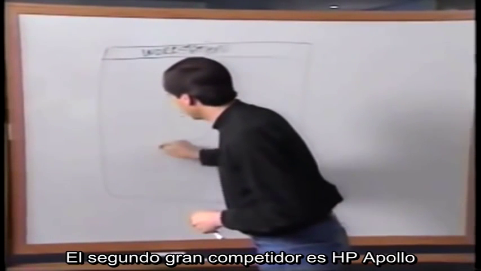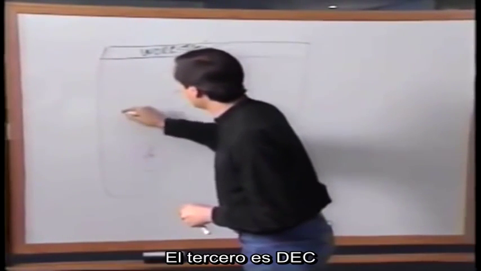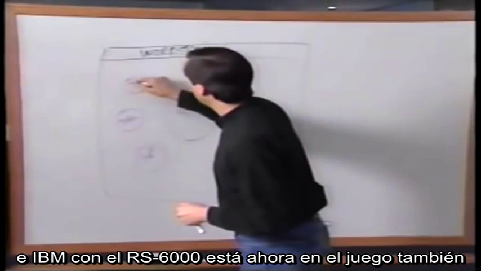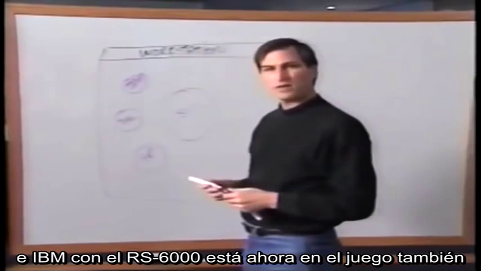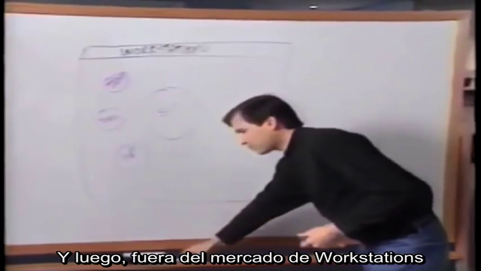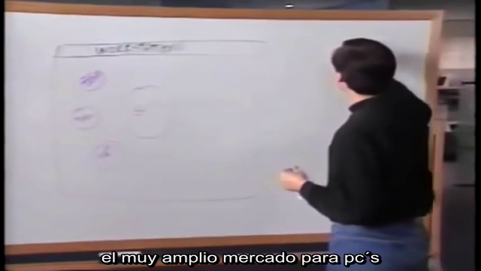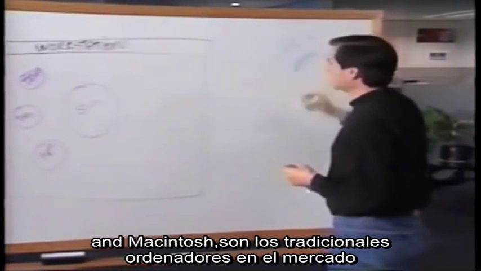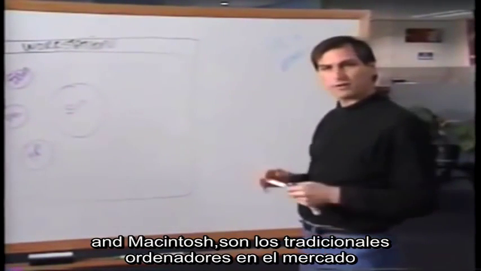Second biggest player is HP Apollo. Third biggest player is DEC. And IBM with the RS-6000 is now in the game as well. And then, outside the workstation marketplace, the very large market for PCs and Macintoshes, the traditional personal computer market.